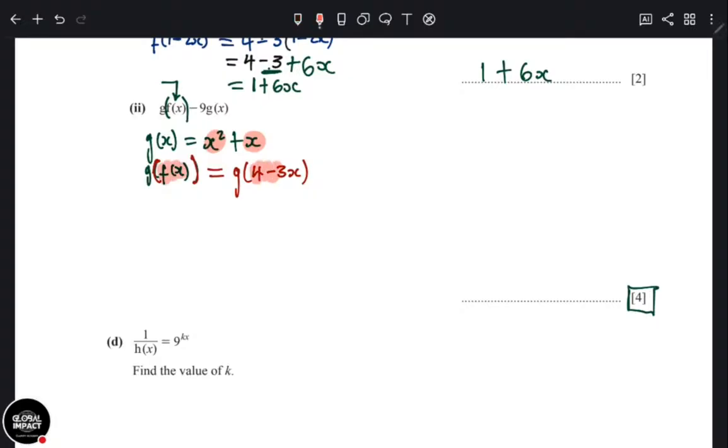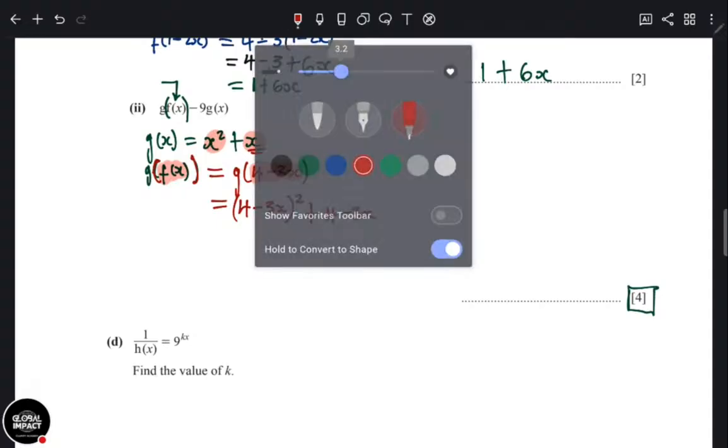So we are getting g of 4 minus 3x, which is going to be equal to, here there is x, so it becomes 4 minus 3x, and it is all squared. Plus, here there's another x, we'll say plus 4 minus 3x, okay? Wherever there is x, we are putting 4 minus 3x.